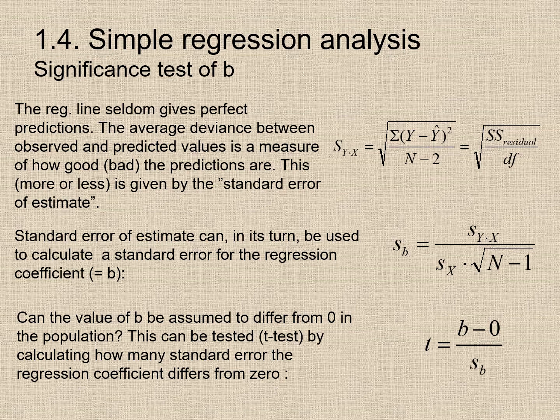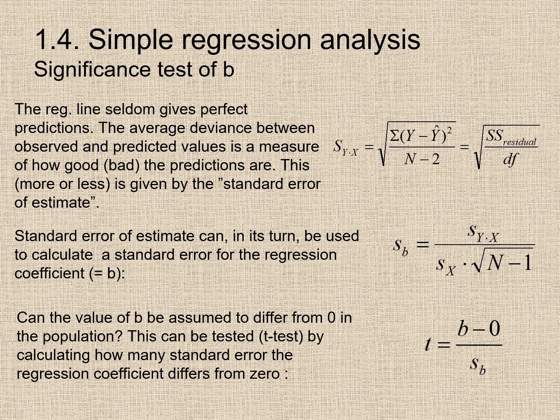Do we like this standard error of estimate? How do we want it to be? Small. Because of course we want to do good predictions. So the deviation between predicted and observed values should be small. So we want this to be small. What did we do when we conducted the t-test? Well, for instance, we changed the standard deviation to standard error instead.